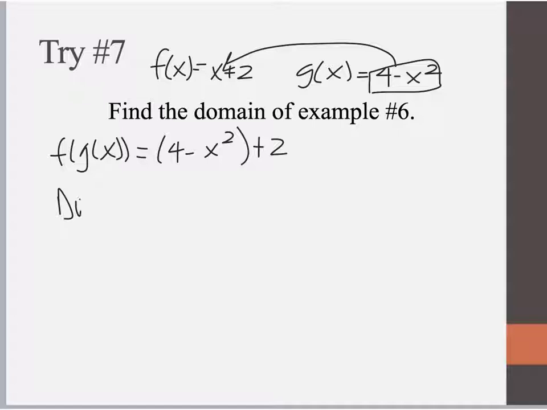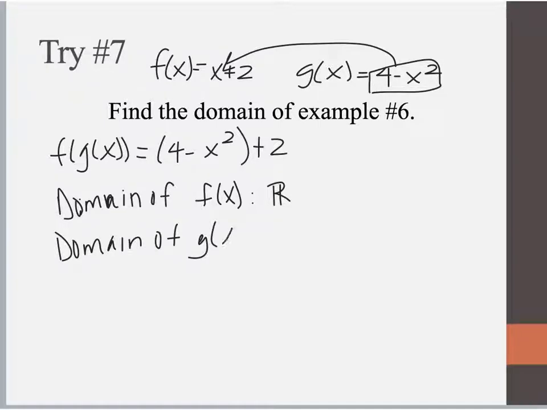So the domain of f of x is a linear line, so that domain is all real numbers. And then the domain of g of x is simply a parabola that's been turned downward and shifted up 4 units, but it's also all real numbers.